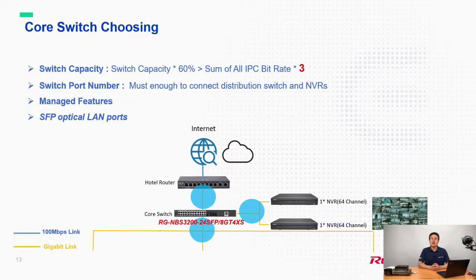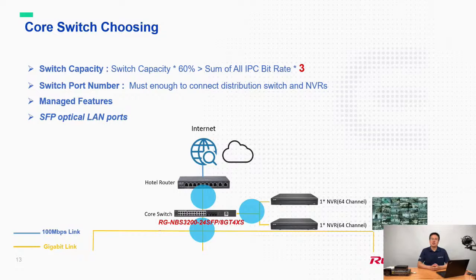The logic is the same as before: its available capacity, which is 60% of the designed capacity of the switch, must be more than the sum of all IP camera bit rates times 3. Why 3? Because 2 of these 3 are for the duplex of data transmission, and the remaining 1 is for redundancy.